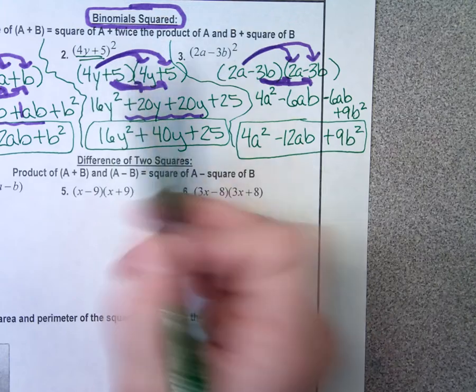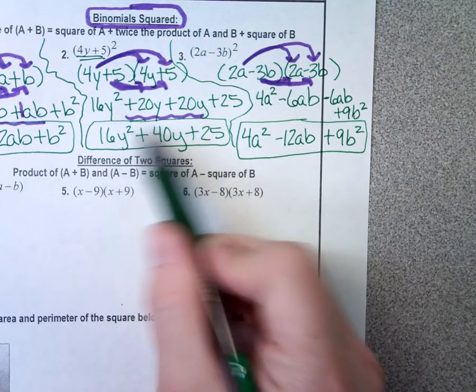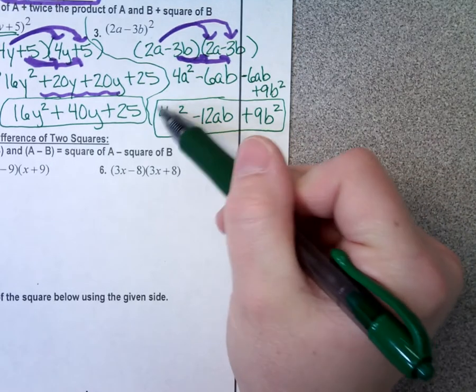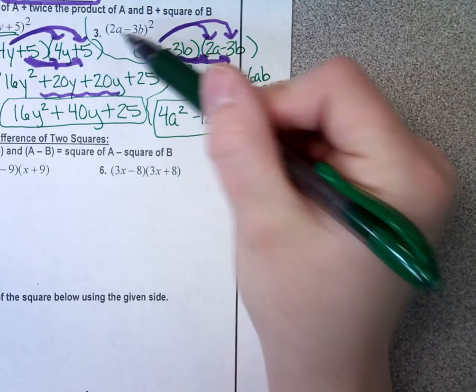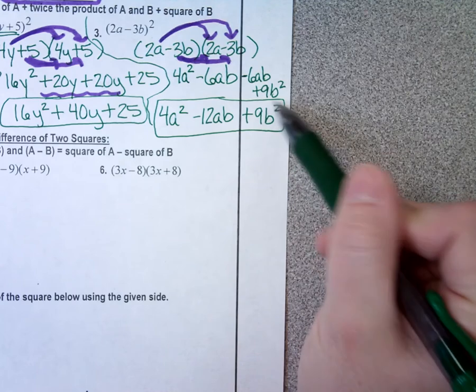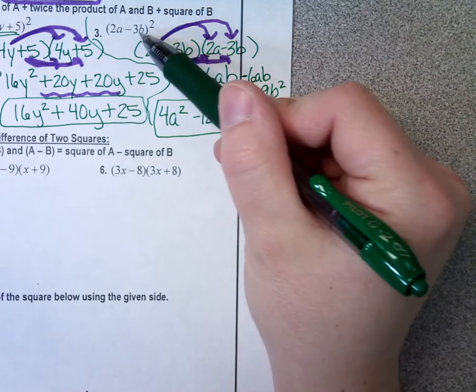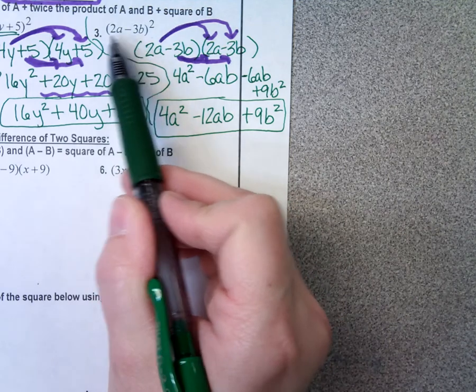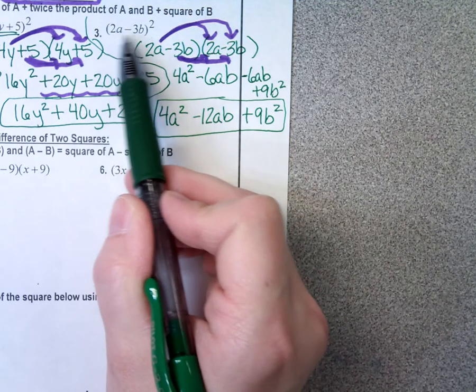If you double the 20, you get 40, and that's the number that's in the middle here. So like right here, the square root of 4a squared is 2a. The square root of 9b squared is 3b. And if I multiply the 2 and the negative 3 together, I get a negative 6ab.